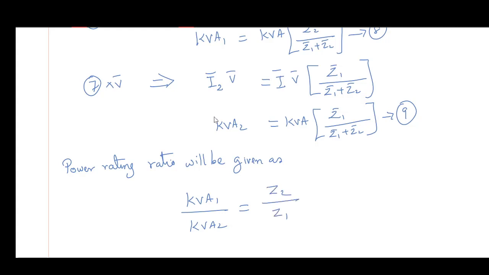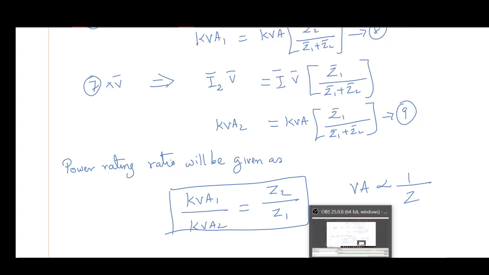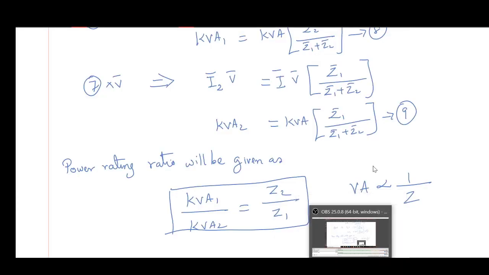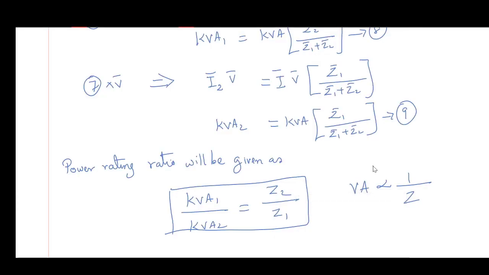From this equation we can understand that the VA rating of the transformer is inversely proportional to the impedance. So this is about the transformer load sharing during equal voltage ratio.